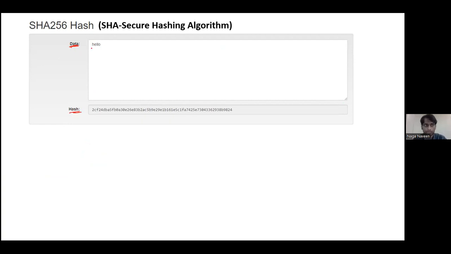Here, the data present inside the block is hello, and it has generated a hash. We are using the SHA-256 algorithm here. SHA means secure hashing algorithm. Then what is this 256?